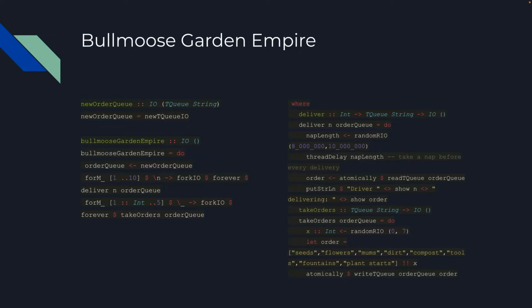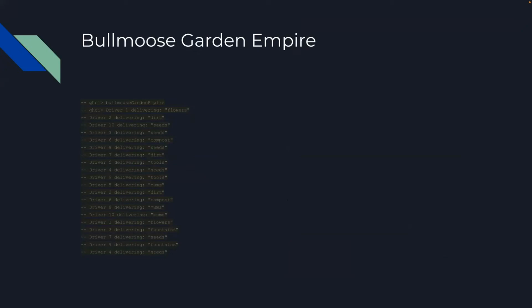There are no race conditions, but you can play with it and prove that to yourself experimentally. So our deliveries just go through, read the first thing off of the queue, and then go deliver it. And when you're taking orders, you just grab a random order and write it to the queue. And again, you run it, everything works great. There's never going to be a deadlock because it's really that easy to add STM code and run it operationally.